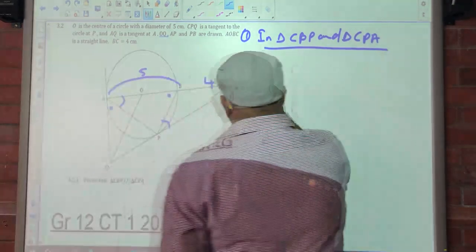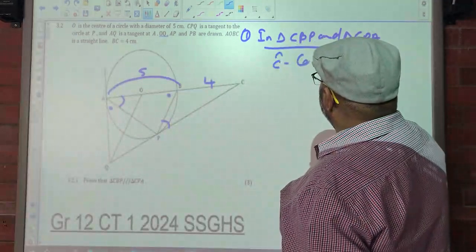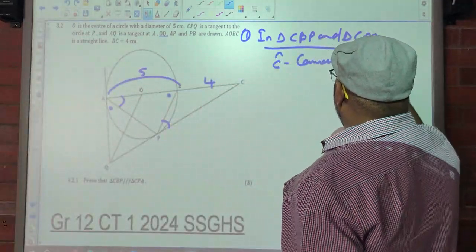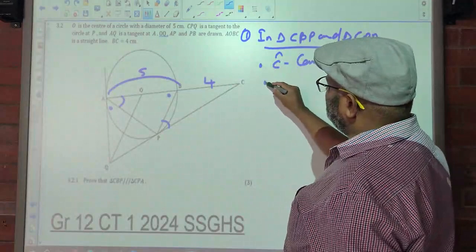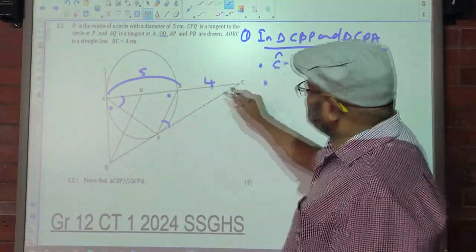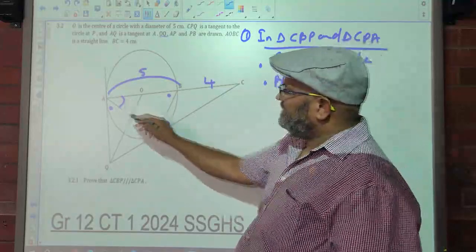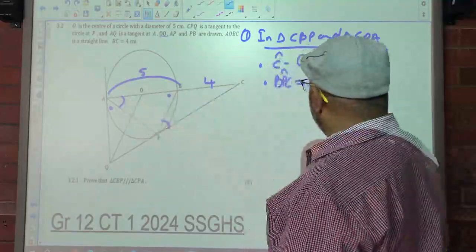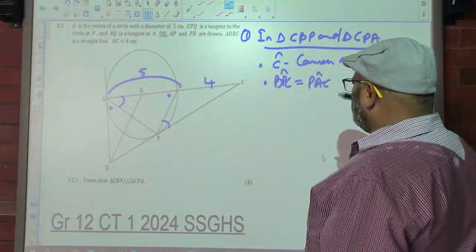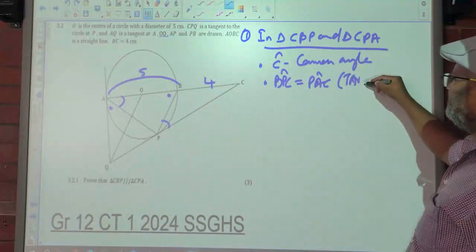So let's say, we can say that angle C is a common angle. That's the first one. Second one, angle BPC is equal to angle CAP or PAC. Why? This is the tan chord theorem.